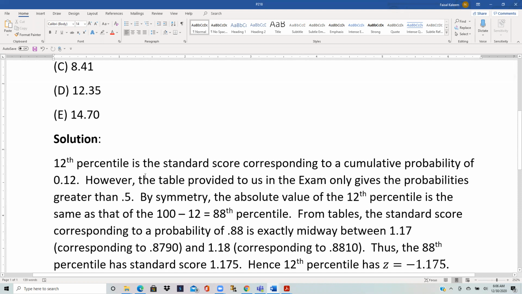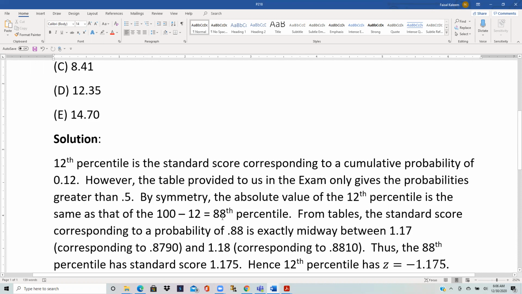Those are the ones that correspond to positive z-values. So the way we handle probabilities of less than 0.5 is by using the symmetry of the normal curve. So the 12th percentile is symmetric to 100 minus 12, which is the 88th percentile.